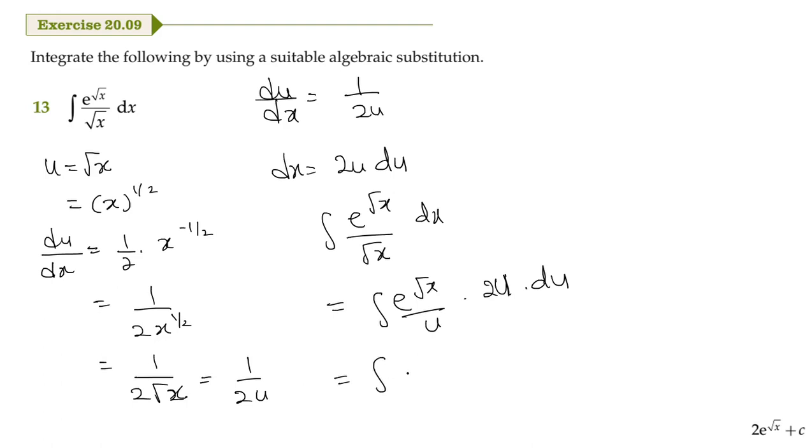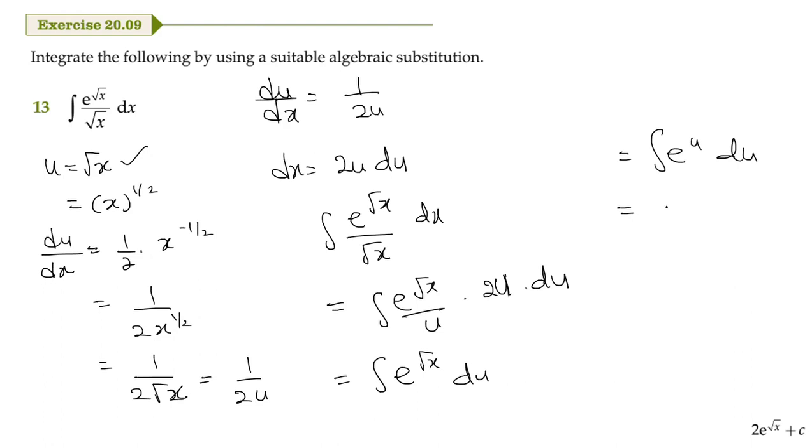So your function becomes exponent of square root of x du. But your function seems to be in terms of x, while you want to integrate in terms of u. So you substitute this square root of x with u, where u equals root of x. Therefore, your function becomes exponent of u du.